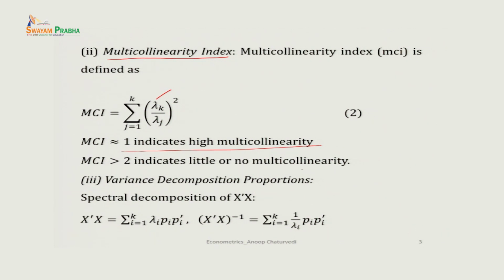little or no multicollinearity. Then the next measure is variance decomposition proportions. Now, the spectral decomposition of X transpose X is, say you can write X transpose X as summation i equal to 1 to k lambda i pi pi transpose. So, you can write the inverse of X transpose X as summation i equal to 1 to k 1 upon lambda i pi pi transpose.